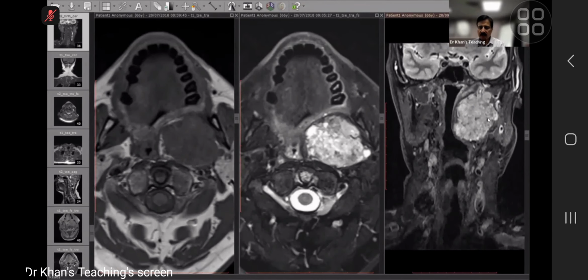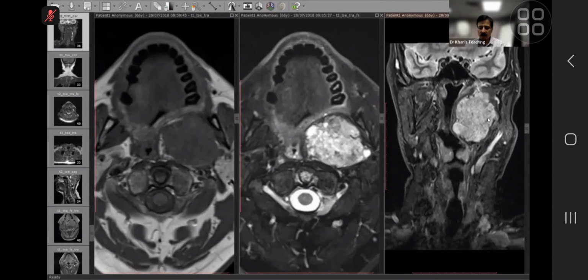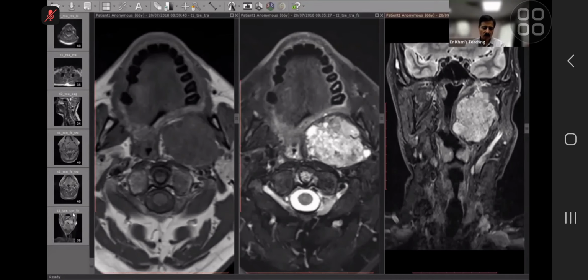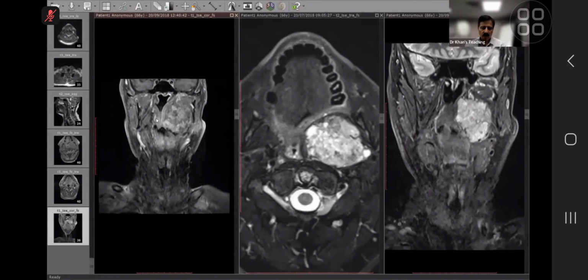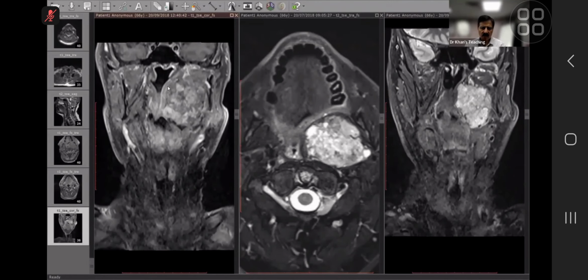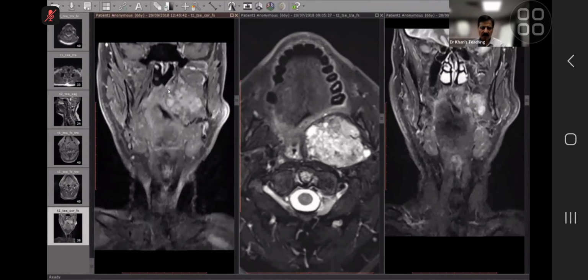Even at the base of skull, please remember, the parapharyngeal space will touch the petrous apex. This one will go here and touch the foramen ovale. So your anatomy knowledge really helps you to know where the mass is and what the epicenter is.